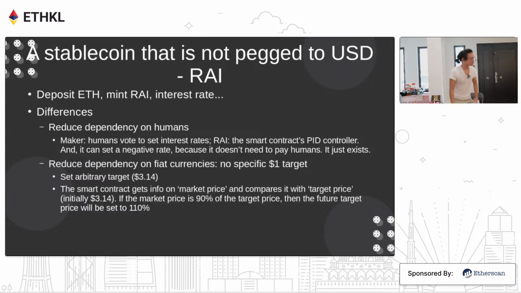And just like in Maker, there's an oracle that feeds market price into the smart contract. The smart contract says, oh, market price, that means people out there are buying and selling it for this price, but the target price that I actually wanted is this price. So then it will set the interest rates accordingly.